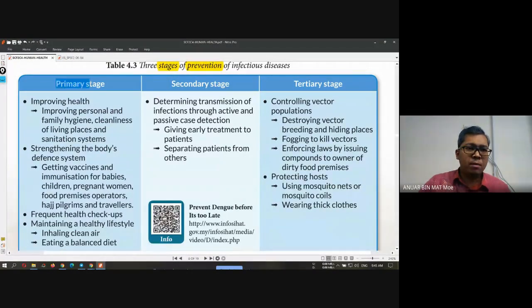Number 1 is the primary stage. The most important thing is improving health, meaning that beginning from you. Beginning from us actually. Personal hygiene, family hygiene, cleanliness of the living place, our home, and sanitation system.